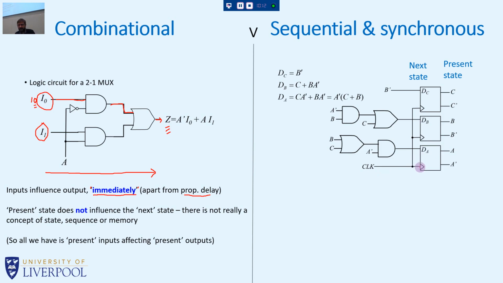And you can see what I meant about a common clock. They're all synchronized by this same clock. Okay, so it's a bit like a heartbeat of the circuit, determining what's happening at each stage. And we have a present state of these and the next state. Now, I've just added these lines.